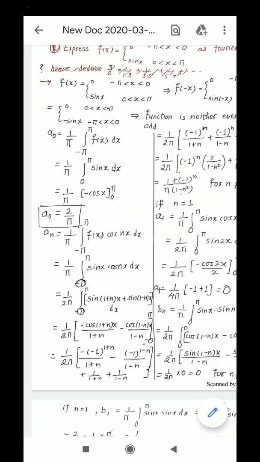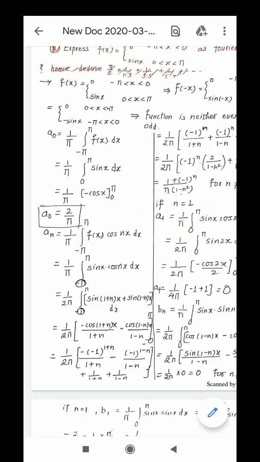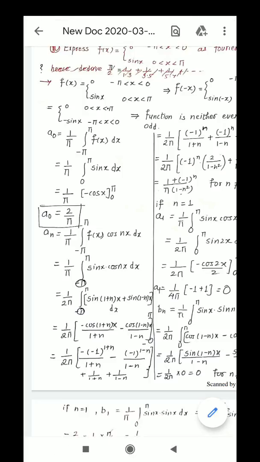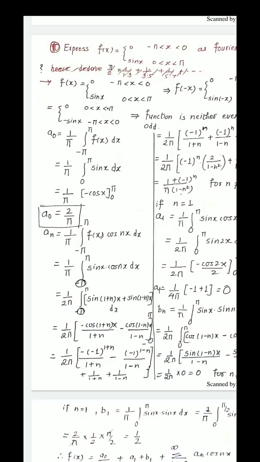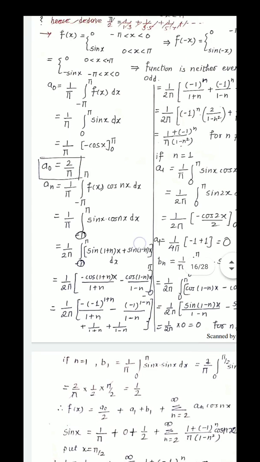In 0 to pi, f of x is sin x dx. Integration of sin x is minus cos x, with limits from 0 to pi. Putting the upper limit, it is minus cos pi, minus the lower limit, minus cos 0, so minus cos pi plus cos 0, but cos pi is minus 1. So minus minus plus means 1 plus 1, cos 0 is also 1, so 1 plus 1 is 2, so a0 is equal to 2 upon pi.